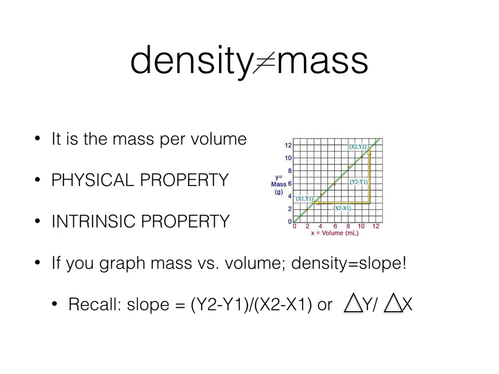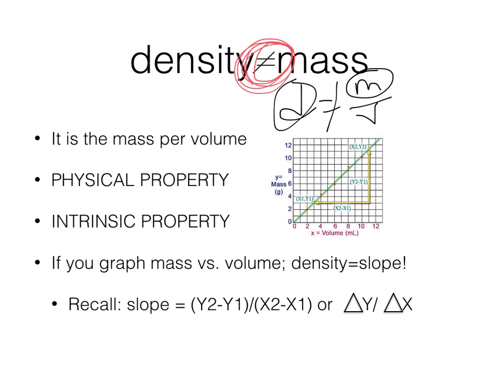One of the things I really want you guys to understand is that density does not equal mass. Those are not the same thing. Remember that we have the equation density is mass over volume, so obviously density and mass are not equal. Density is actually the mass of an object in the amount of volume that it takes up. It's a physical property, meaning each element has its own density.